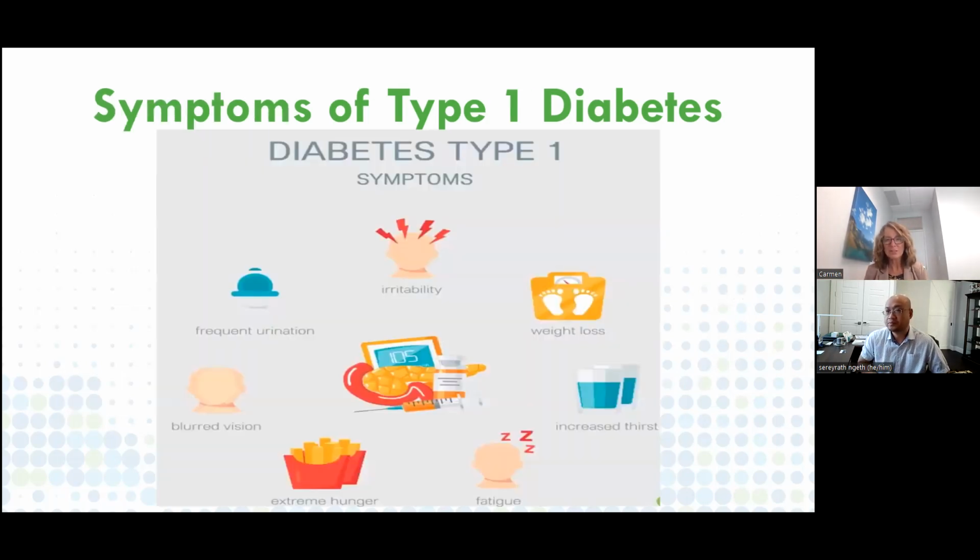So the symptoms of type 1 diabetes are as pictured here, and they include frequent urination, increased thirst, plus fatigue, hunger, blurred vision, weight loss, and irritability.